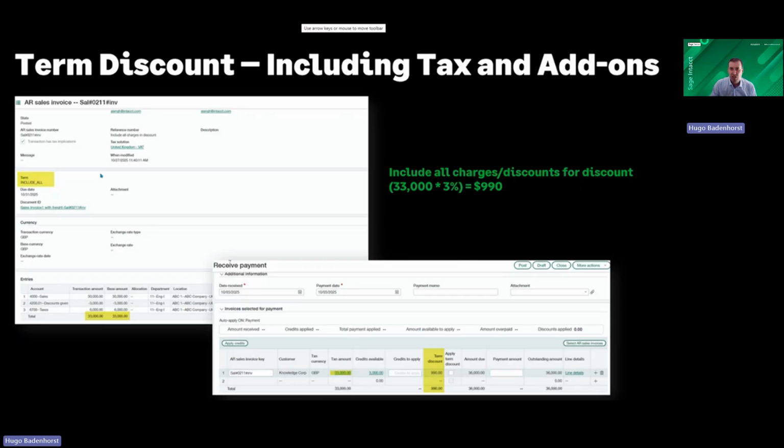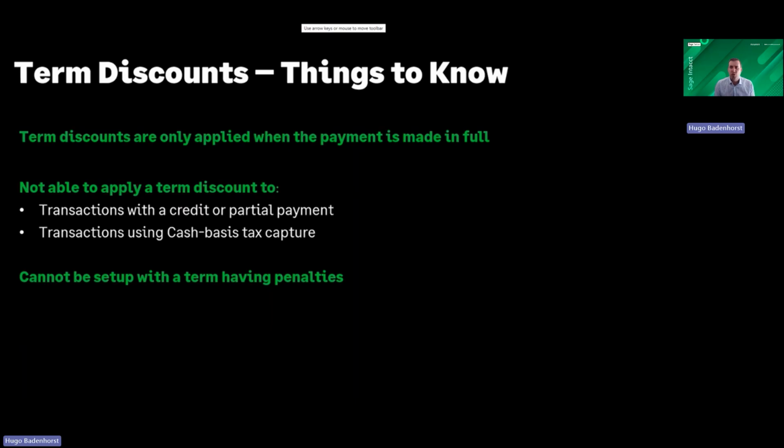But just things to note that are quite important if we bring this in or activate this. So it is only on, I would say, fully paid transactions. So if it's a partial payment or a credit, that won't be applied there. And also only on accrual basis. So if you're running a cash-based system, that won't work. We do need the accrual-based system active on that.